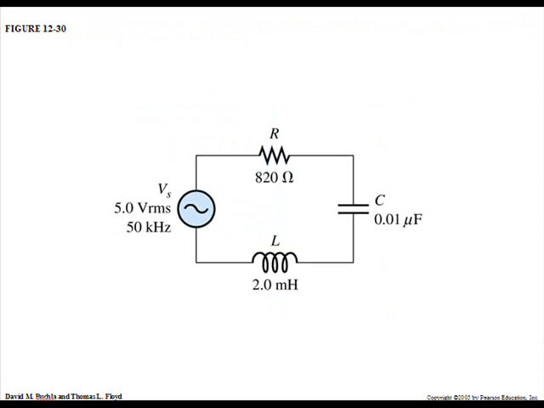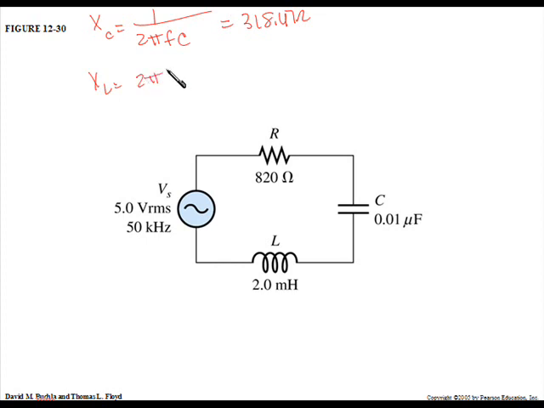Okay, RLC circuits. Let's first find X of C. Same formula, 2 pi FC. So putting in 6.28 times 50K times 0.01 microfarads, 1 over X, is 318.47.